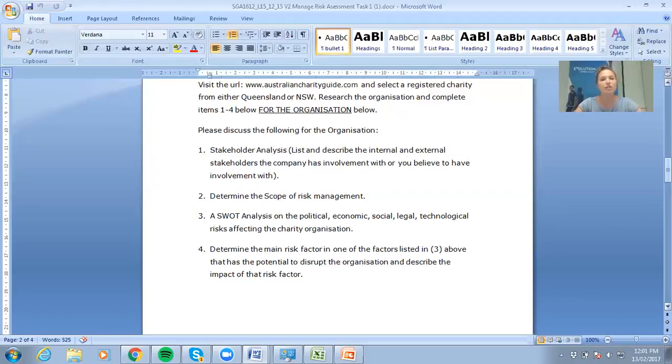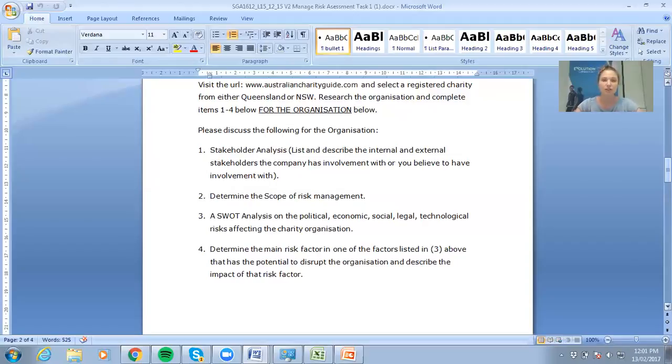Okay, so you just need to have a look at the strengths, weaknesses, opportunities, and threats, and one for each: political, economic, social, legal, and technological. Okay, and create a little 2x2 table to insert that into if you want to. If not, just simply list under the heading strength your political, economic, social, legal, and technological response, and so forth, all the way through weaknesses, opportunities, and threats.